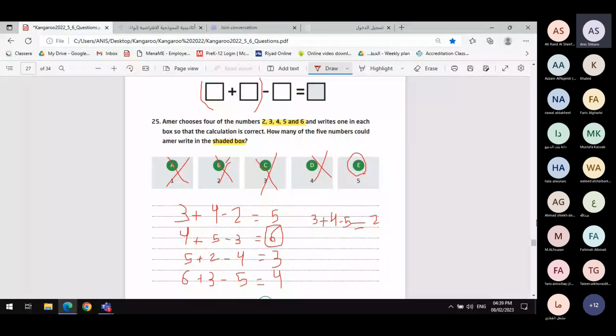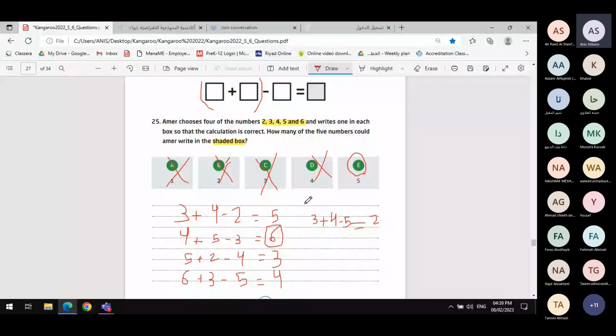Now, who has a question in this problem? Okay, Mister, I want to ask you, why did we put the answer number 5 if our answer was 2?